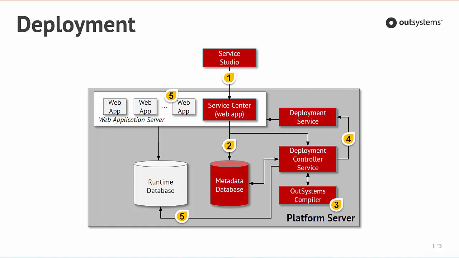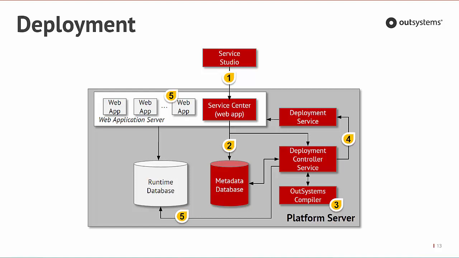And finally, we have the OutSystems compiler, and this is responsible for the first stage compilation process, basically the part where we transform our module's OML file into Java code and SQL scripts. So deployment of a module can be summarized in 4 or 5 sequential steps.